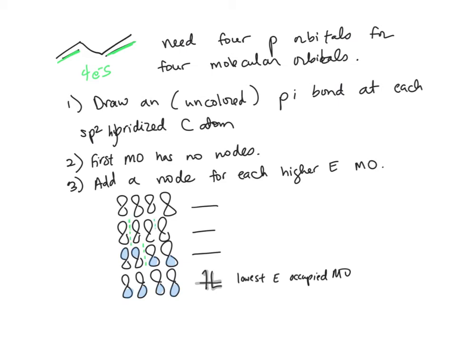So this next orbital up that I'm drawing in has 2 nodes, and then the one at the top has 3 nodes, and these nodes tell us how to switch colors from one orbital to another.